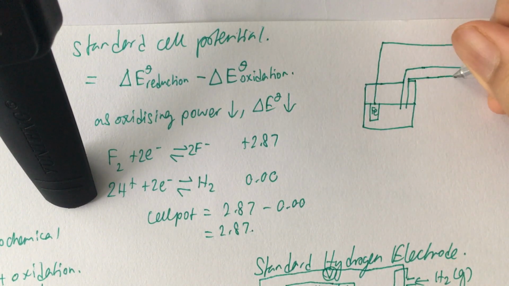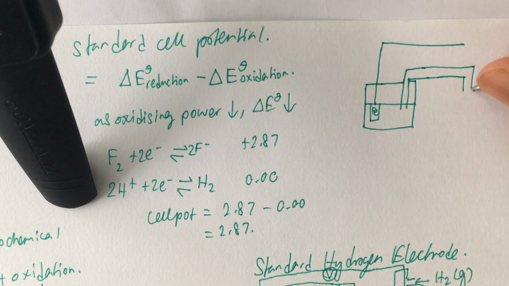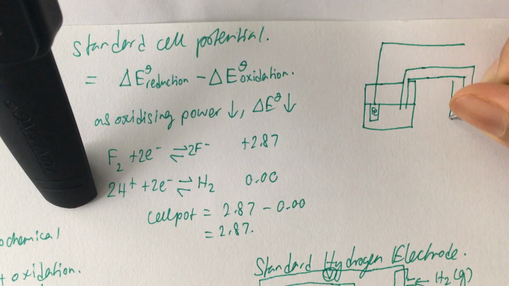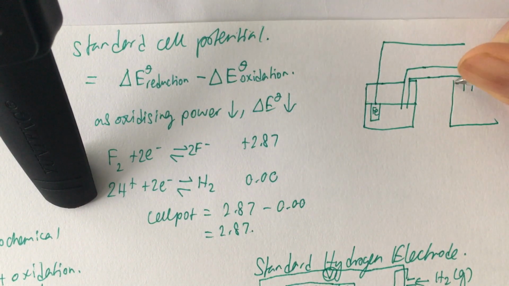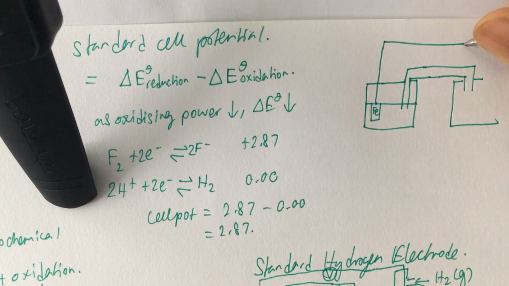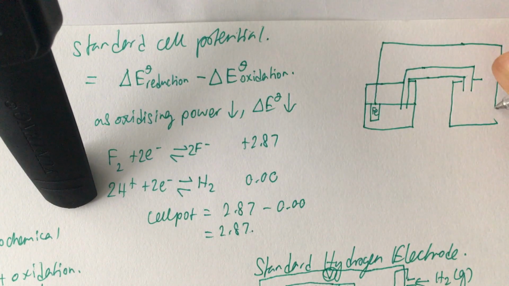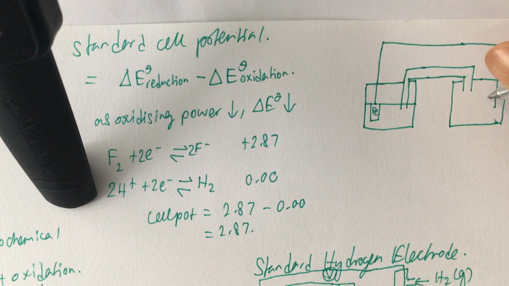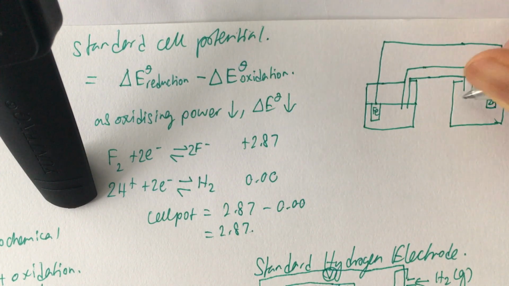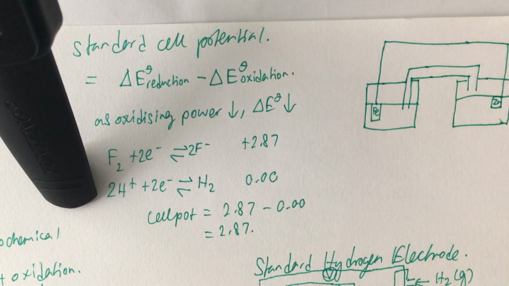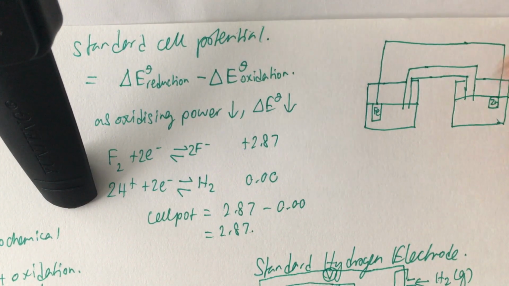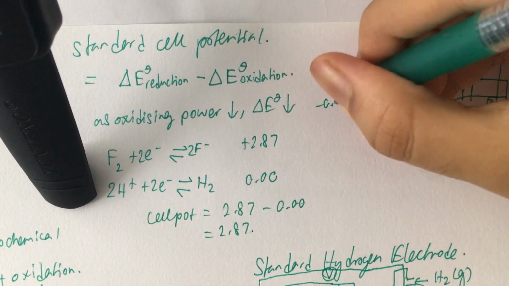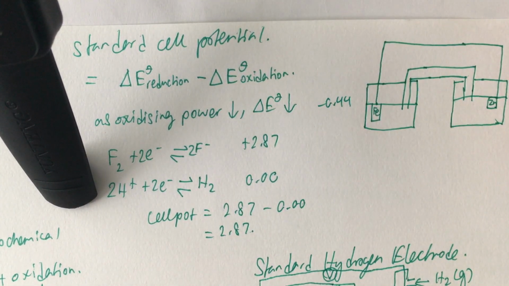In this scenario, the two half-cells have different electrode potentials. The zinc one has negative 0.76, and the Fe to Fe2+ one has negative 0.44. If you want the cell potential to be positive, then what would you do?